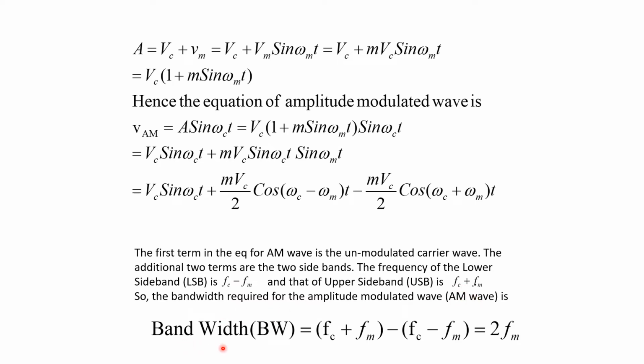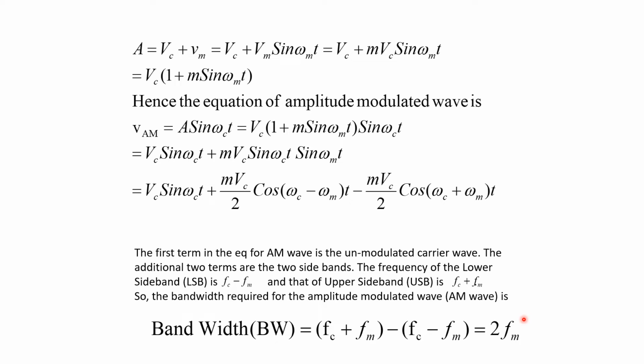Hence, the entire frequency bandwidth of the amplitude modulated wave will be Fc plus Fm minus (Fc minus Fm), which simplifies to 2Fm. So 2Fm is the entire bandwidth of the amplitude modulated wave, where Fm is the modulating frequency or frequency of the message signal.